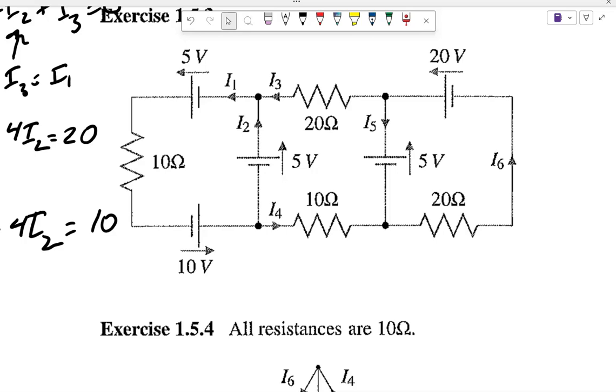Again, we want to pick a direction. So we're going to go around the circuit to get our equations. And again, I personally like going from positive to negative, so we'll go around this way for that one. This one's harder because I've got 2 batteries in it that kind of cancel each other out, so it doesn't really matter. I'll just go in the same direction. This one, I've got another 2 batteries that are opposing each other.